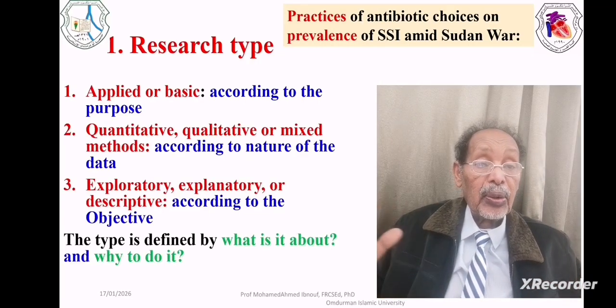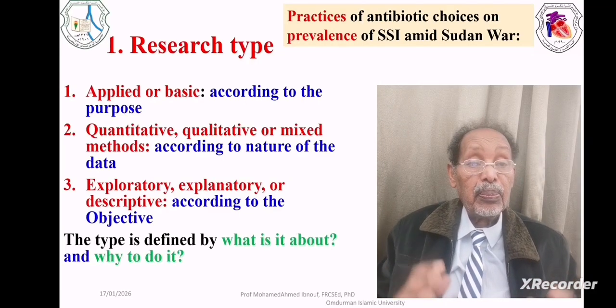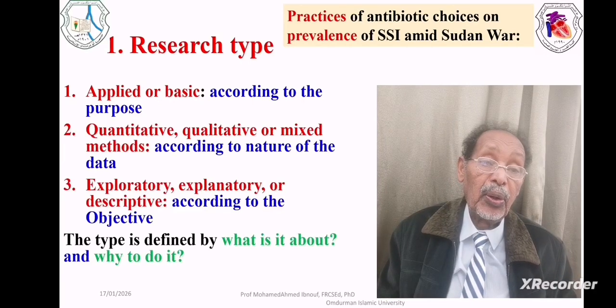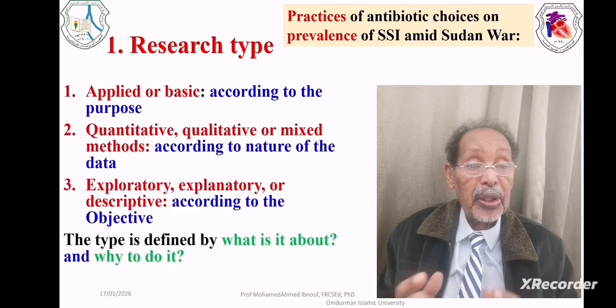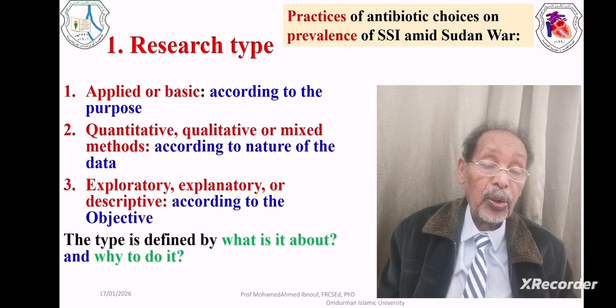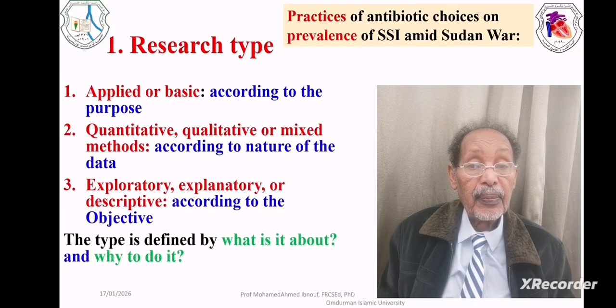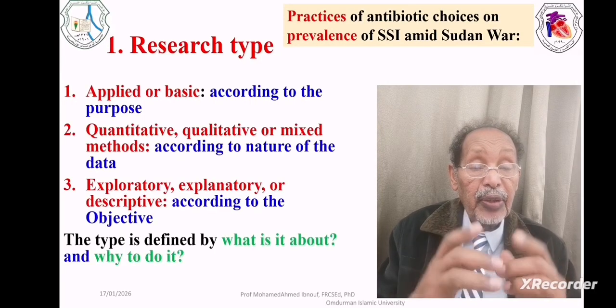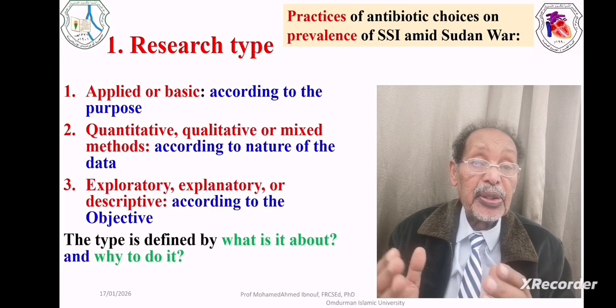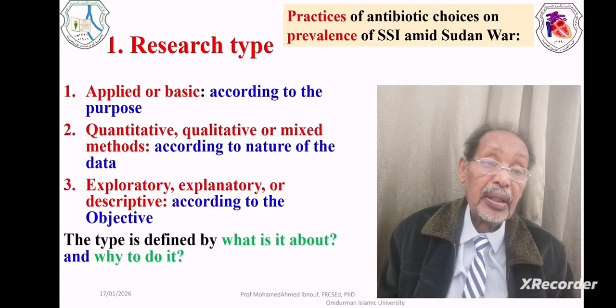It covers a lot of bacteria. It is a broad-spectrum antibiotic. On what basis do clinicians amid war prescribe antibiotics? So in the first part, we are going to use a questionnaire, which means it is a qualitative type of data.